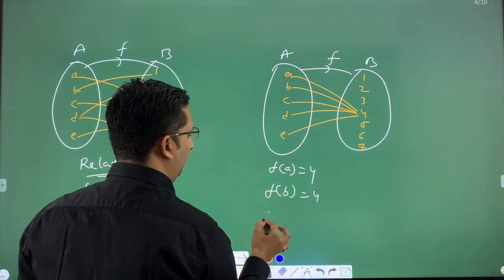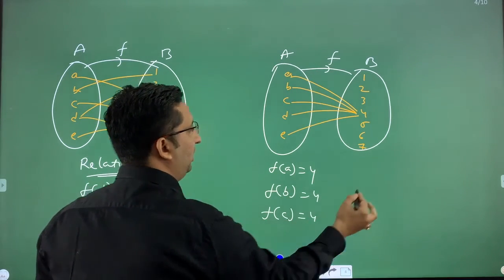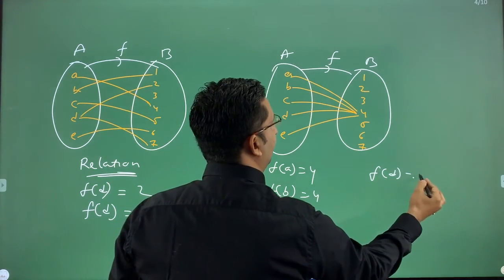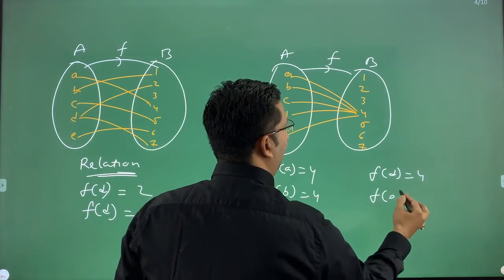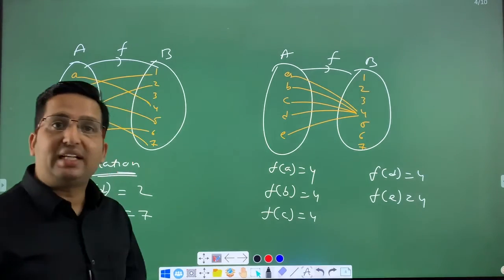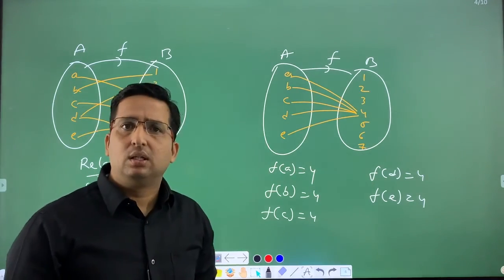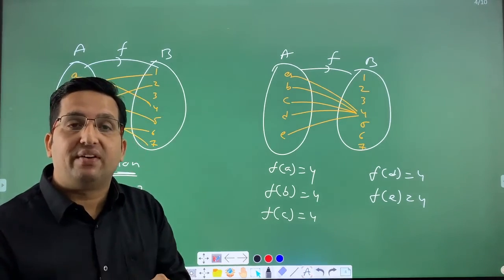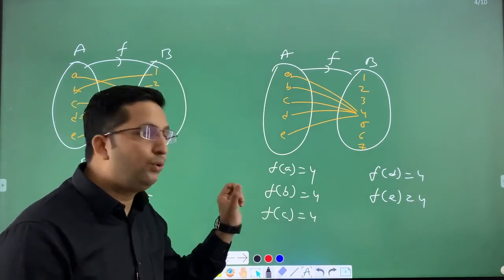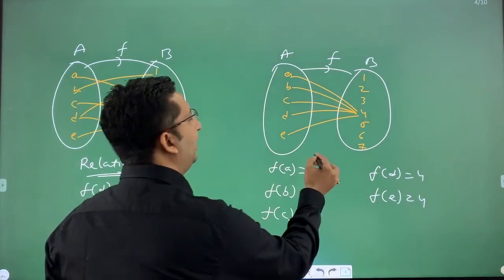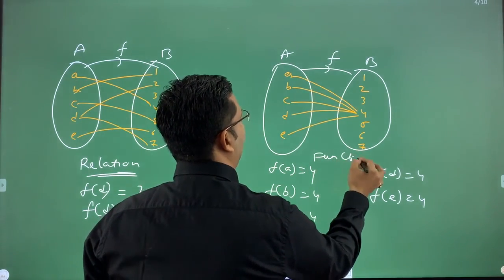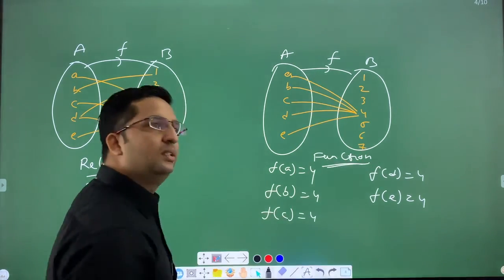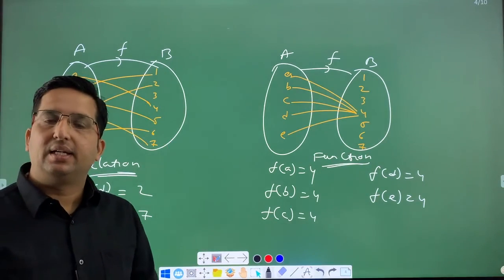At B, C, D, E, every time I am getting the same value, but I am getting a single value whenever I substitute a value of x. So, it is a function. Am I clear now?